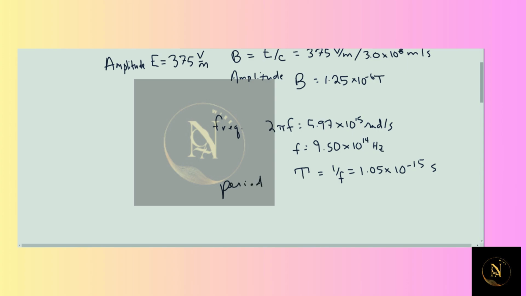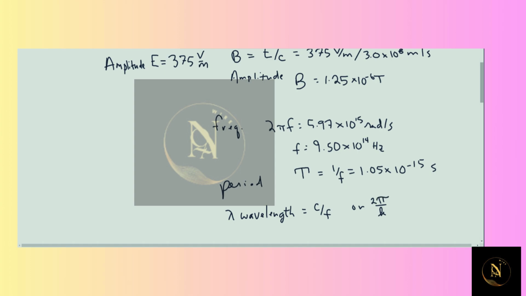The wavelength, usually represented with the Greek letter lambda, can be found in one of two ways. You can take the speed of light and divide by the frequency, or you could just take the inverse of the k and multiply by 2 pi.